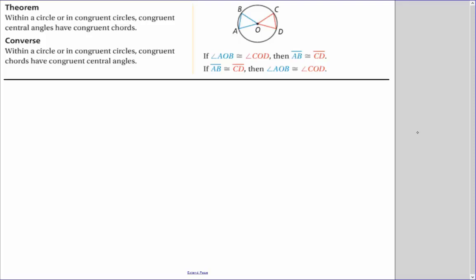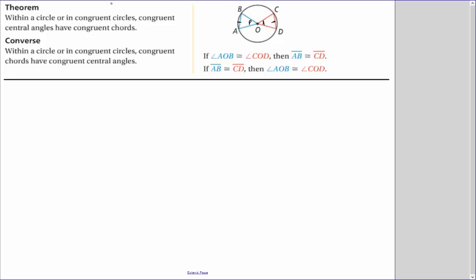You have a second theorem, which states if your central angles are congruent, then the chords constructed by the central angles are congruent. So if I know angle BOA and COD are equal, then I know these chords AB and CD are congruent.